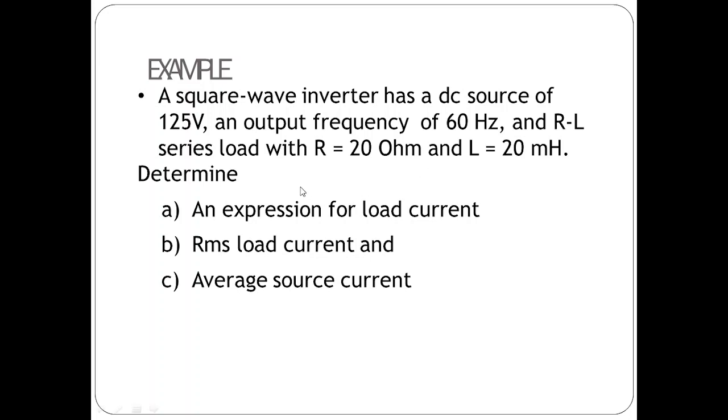Now we have to determine the expression for load current, as well as the RMS load current and the average source current. All these expressions were discussed already in the previous slide. The load current expression, the RMS load current I0 as well as the average source current IDC should be found out by taking the formulas.